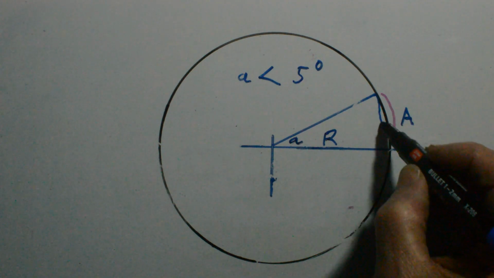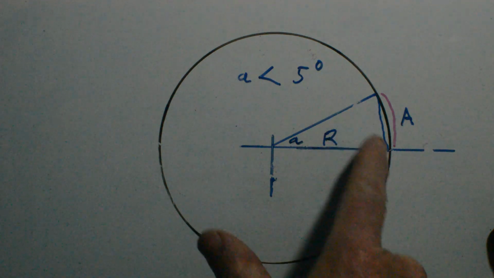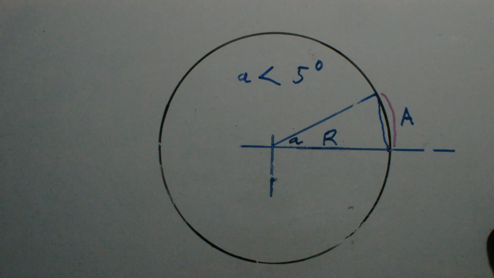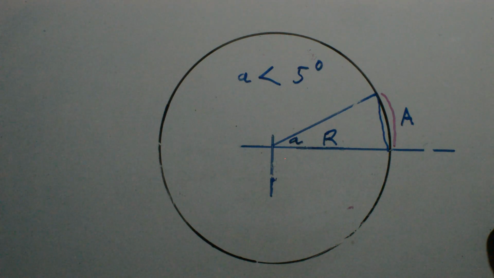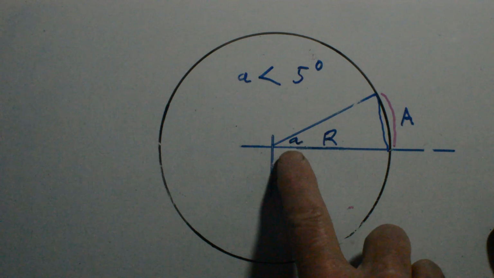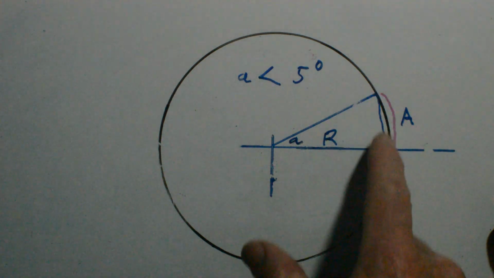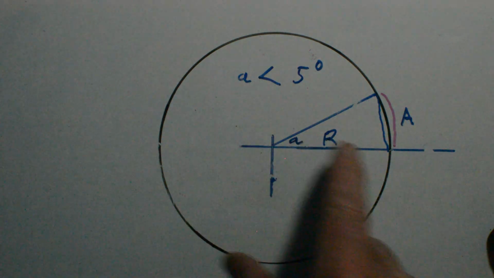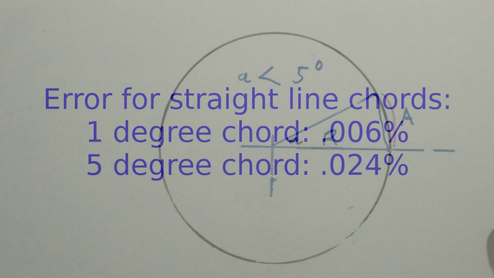The chord is the straight line across here, which is not exactly perfect, but it's pretty good. And so you can use this very quickly if you measure that angle and you have this distance, whether that distance is straight or curved. If it's less than about 5 degrees, this formula works.